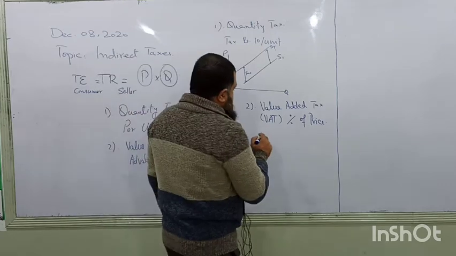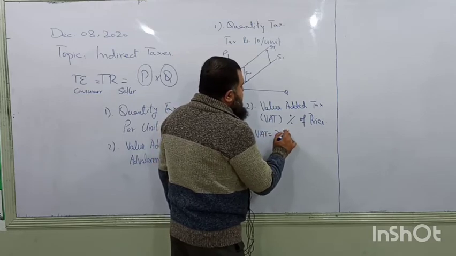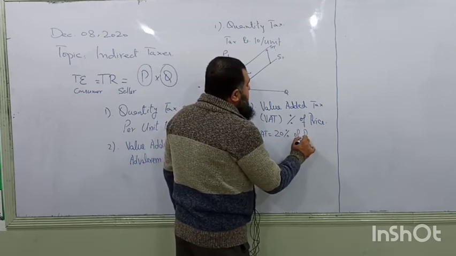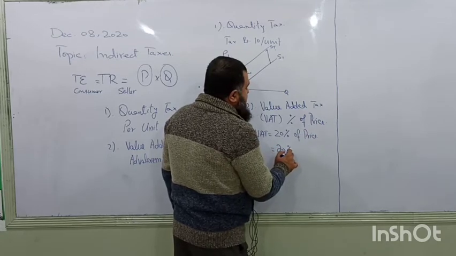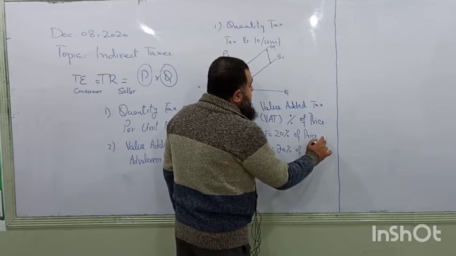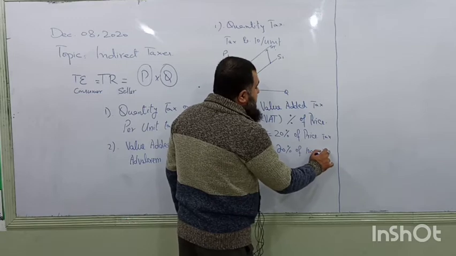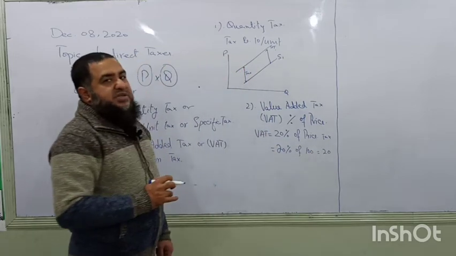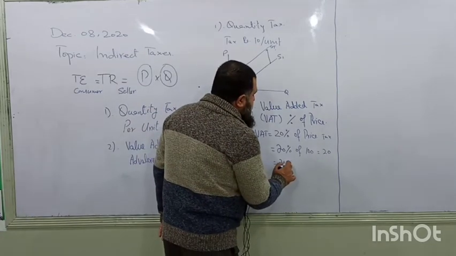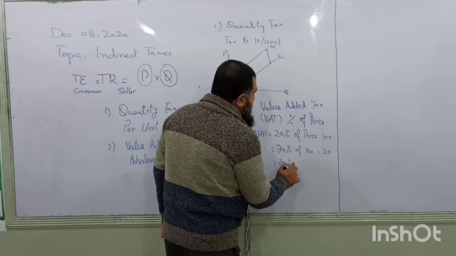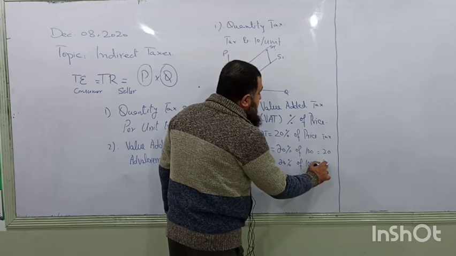So VAT is equal to 20% of price. For example, if a product price is 100 rupees, its tax will be rupees 20, because 20% of 100 is 20. Now if its price is 1000, the tax will be 200.